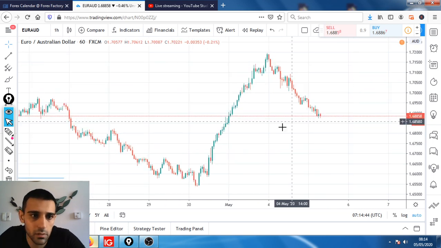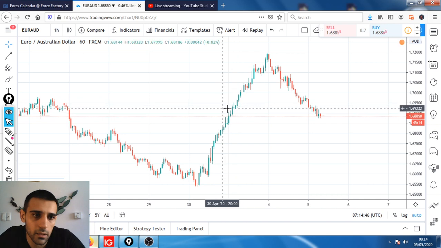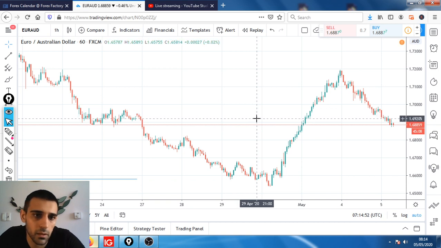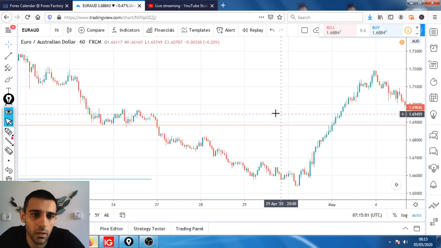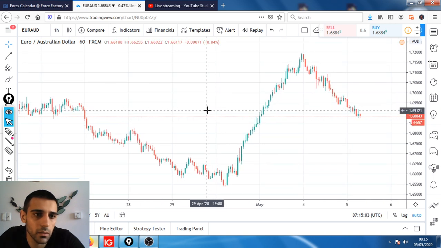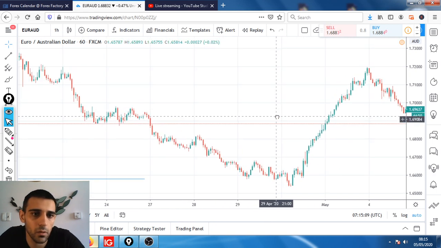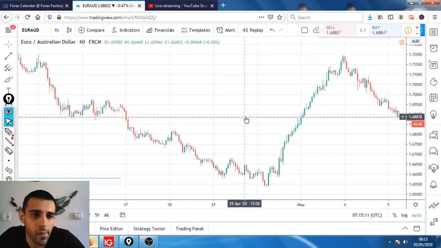That will be too far. 169.45, no, that's too far. 169.20, okay, this one looks more realistic. 169.15 could be the potential entry in here.